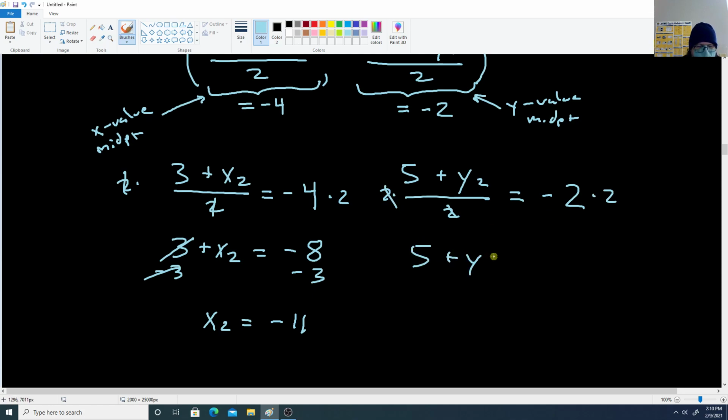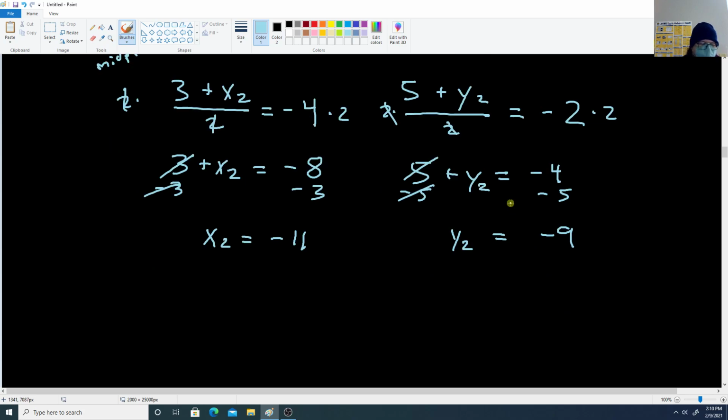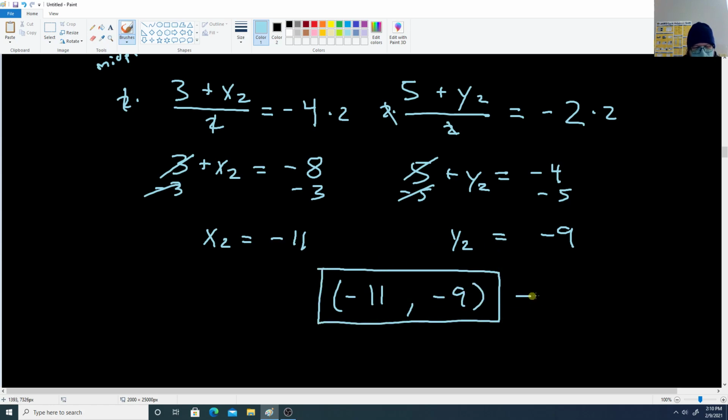We'll say 5 plus y2 equals negative 4. I will subtract 5 across. So I'll get y2, whoops, it's y2. So y2 is negative 9. So my ordered pair is going to be negative 11 and negative 9. That is the missing endpoint. So this right here is the missing endpoint.